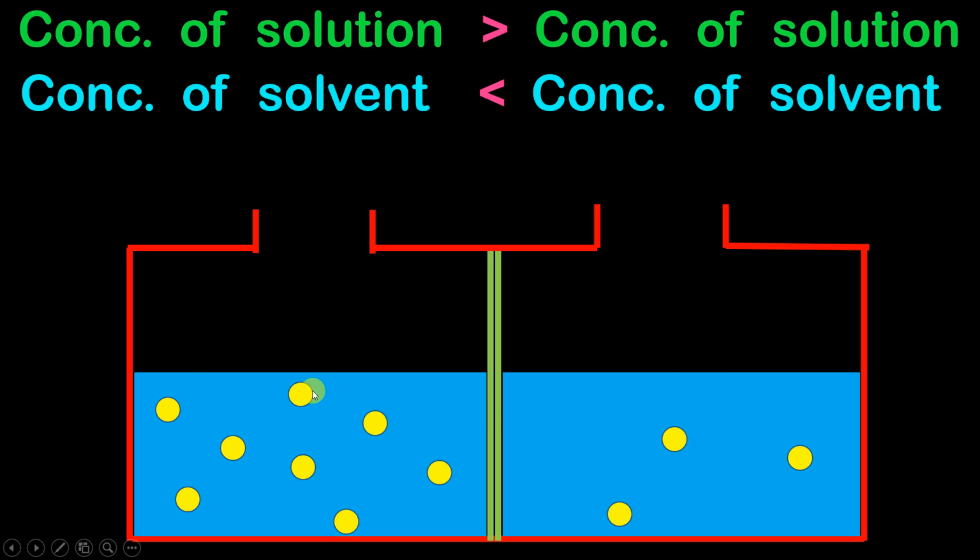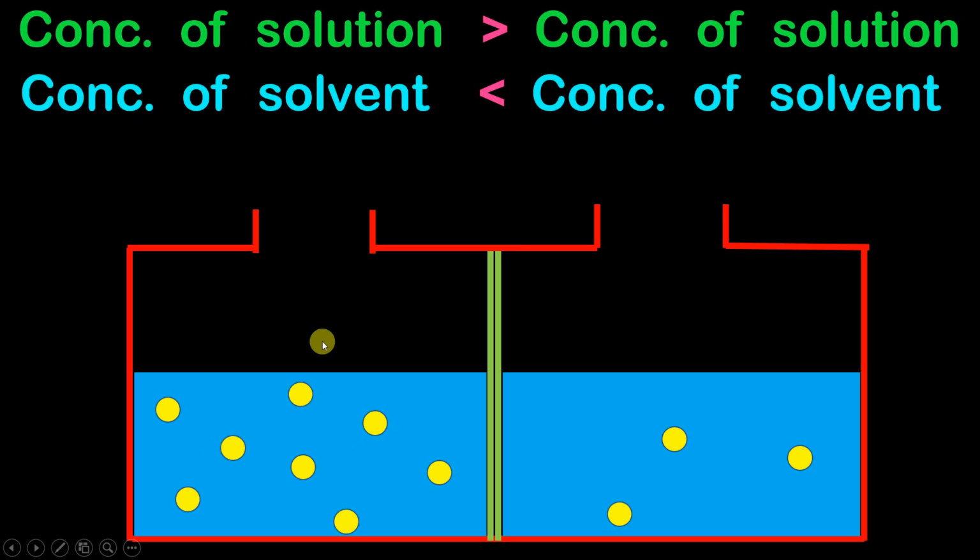And on the left hand side if you observe, there are many solute particles and there is solvent also present. But as compared to the right hand side, there are more amount of solute particles. Therefore, the solvent particles will be less over here. And since the solvent particles are less over here, therefore, the concentration of solvent on the left hand side is less.